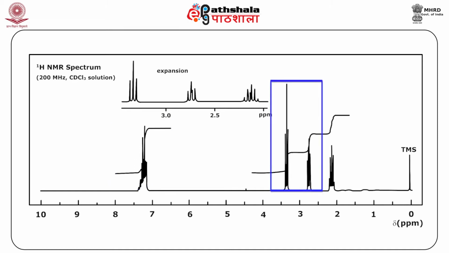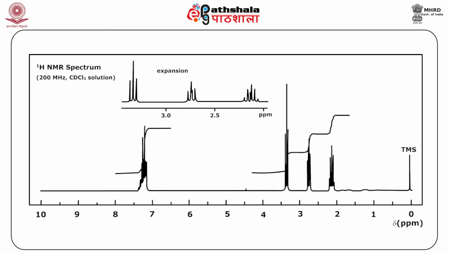The triplets at 3.3 ppm and 2.8 ppm for 2 protons each indicate the presence of a CH2 and a CH2 group linked to each other, each splitting the other into a triplet. The peak at 3.3 ppm is relatively downfield, thus this CH2 group must be attached to an electron-withdrawing bromine atom.